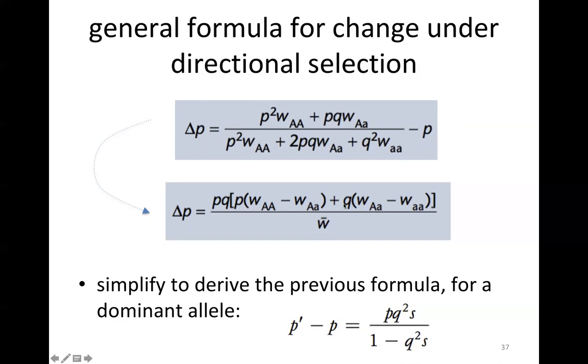You should be able to see how this formula is actually equal to the previous formula for the case of the dominant allele, when the fitness of capital A individuals and of heterozygotes is 1, and the fitness of homozygous deleterious allele individuals is 1 minus S. You should easily be able to derive how this numerator turns into the numerator of the formula we just studied.